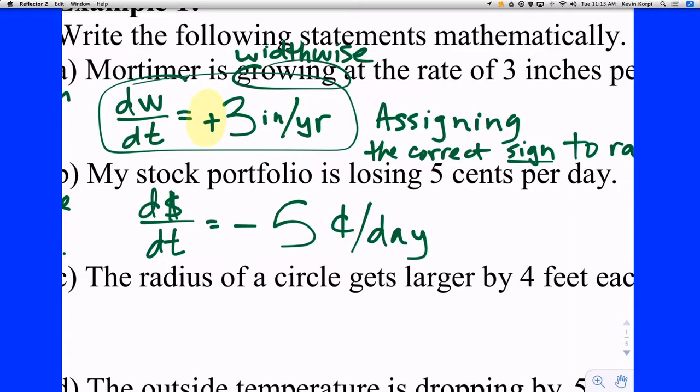Similarly, if you are given a math sentence like this and you're asked to describe what's happening, you would need to be able to interpret the sign as either increasing or decreasing, and then you can adjust the word by saying losing by the positive amount, with units, okay? So you always interpret the sign and then give the quantity as a scalar quantity without units.